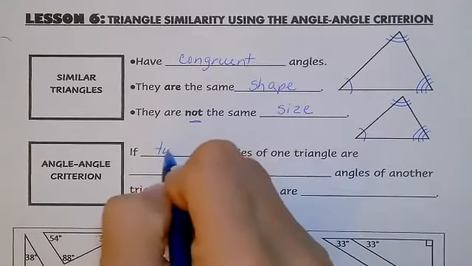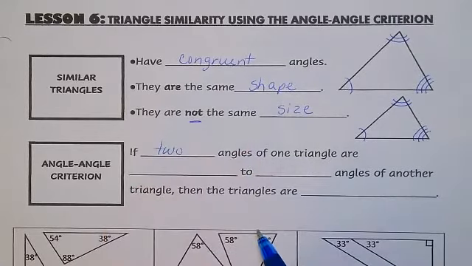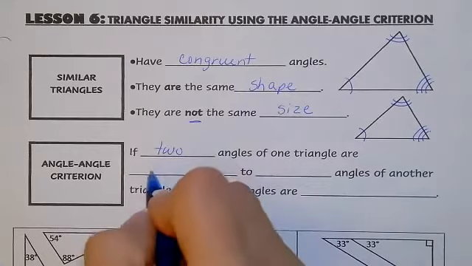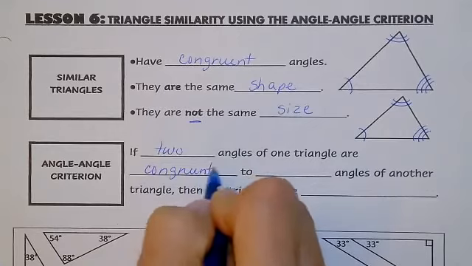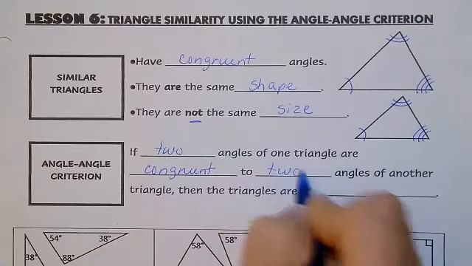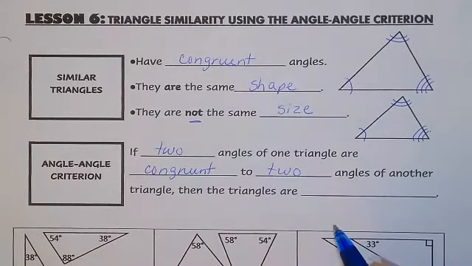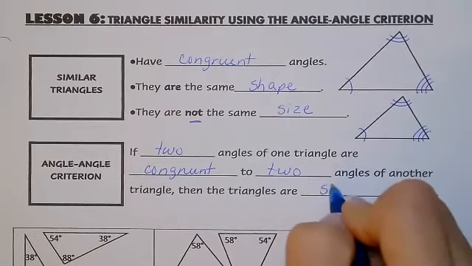So if two angles of one triangle are congruent to two angles of another triangle, then the triangles are similar.